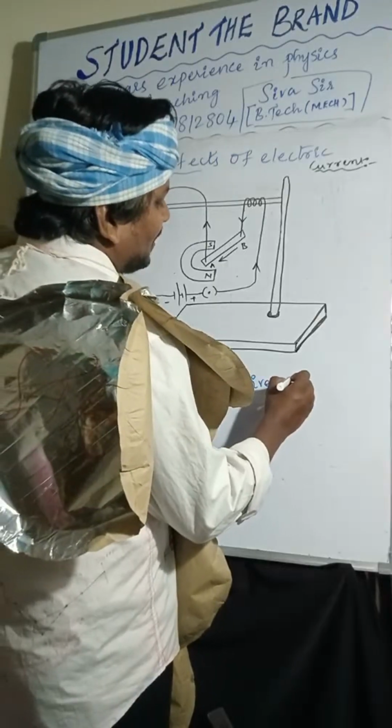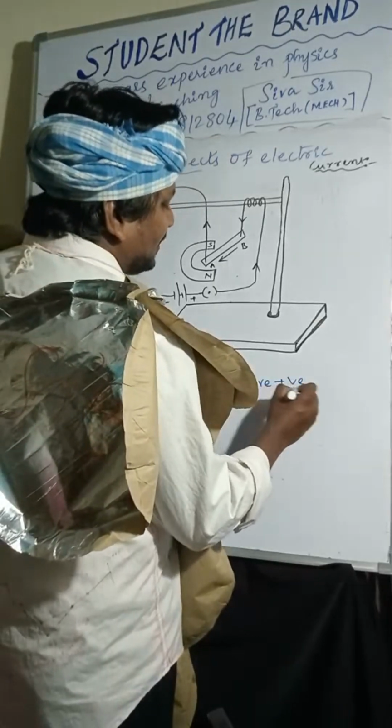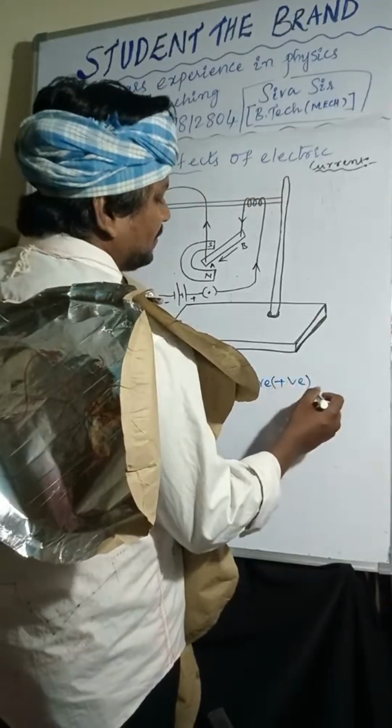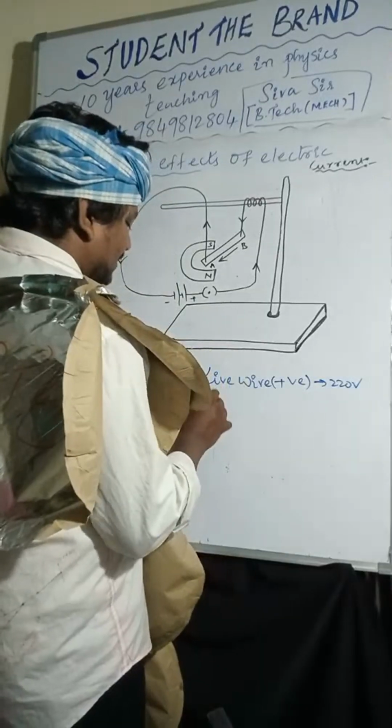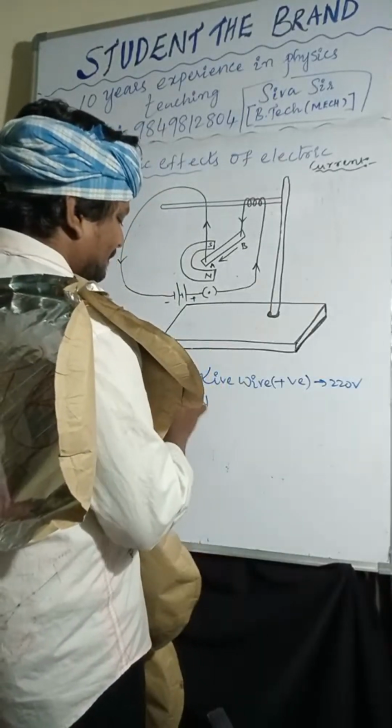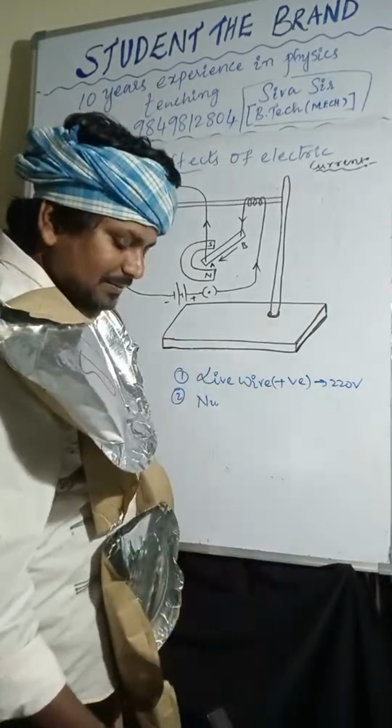Live wire is nothing but the positive terminal, so the potential difference is 220 volts.